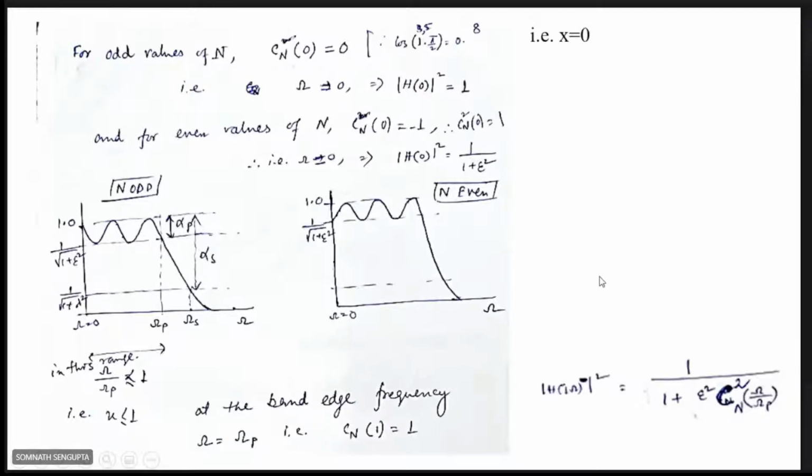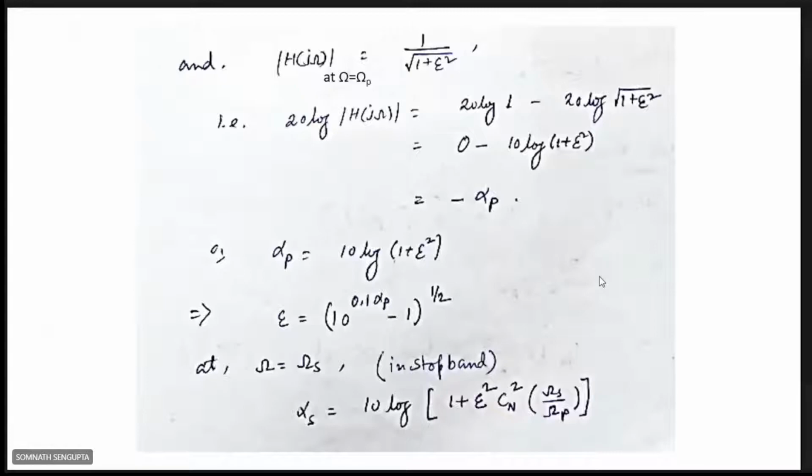Next we will see the relation between some parameters. At omega equal to omega p, the gain magnitude function is 1 by root over 1 plus epsilon square into Cn, and Cn is 1. Now 20 log of it, 20 log of H(omega), is minus alpha p.